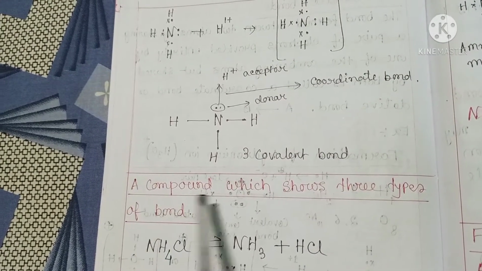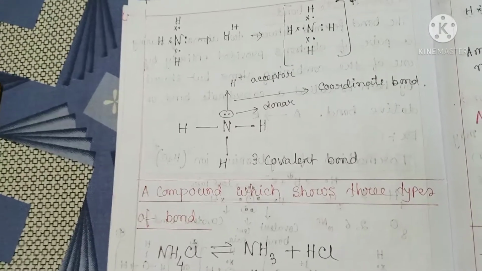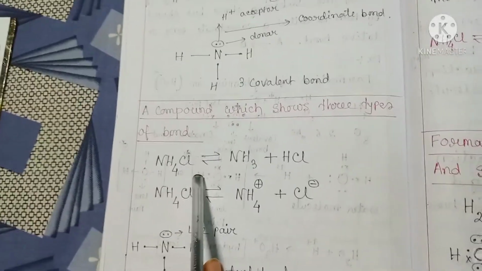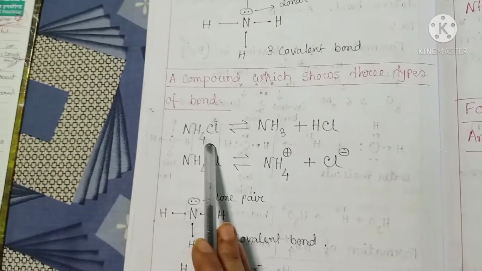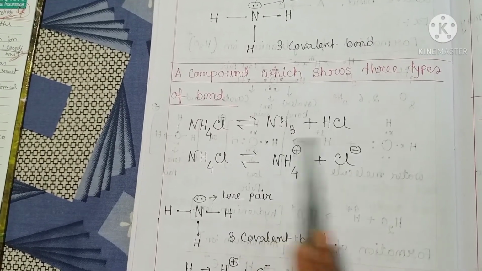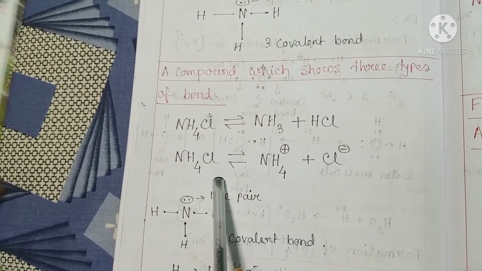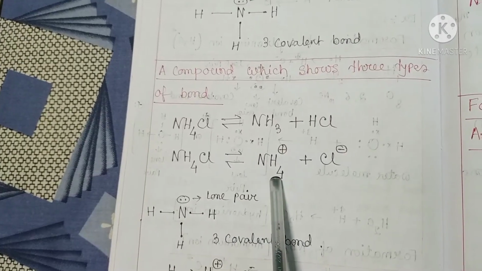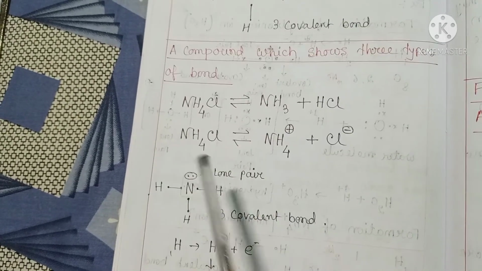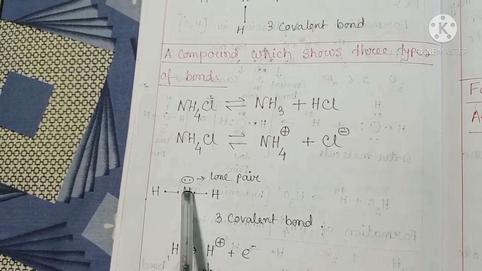Now, see a compound which shows 3 types of bond. See the compound NH4Cl. When ammonia and hydrogen chloride react with each other, ammonium chloride is formed. So, in ammonium chloride, 2 ions, NH4 plus and Cl minus, are present. The nitrogen in ammonia contains a lone pair of electrons.